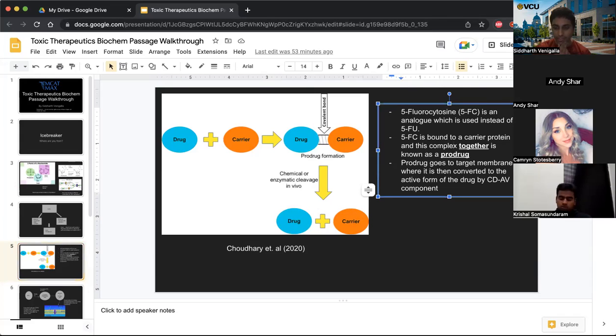When 5-FC is bound to that carrier protein, it's known as a prodrug. That 5-FC prodrug is going to go and bind to the cancer cells, and only after it's bound to a cancer cell, it's going to be converted back to the 5-FU drug, the active form. That way it's only acting on the cancer cells. Okay, so can someone explain what a prodrug is?